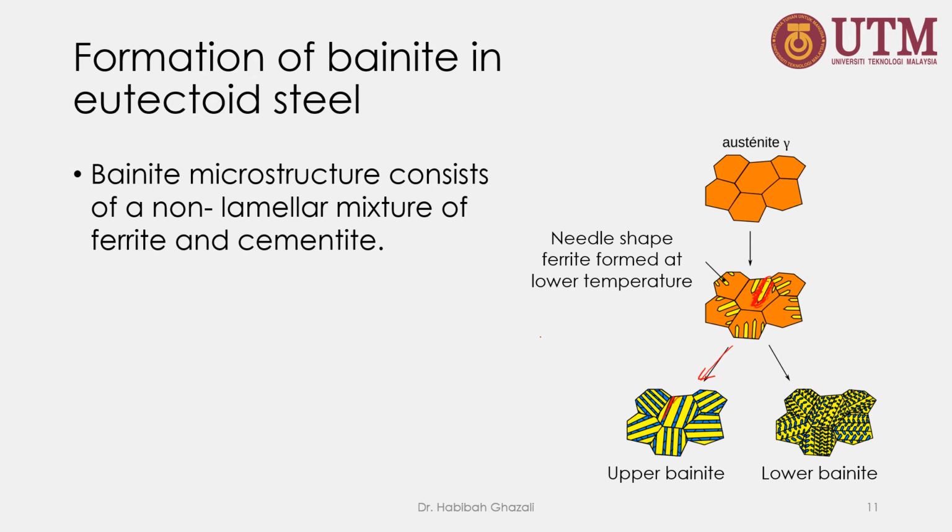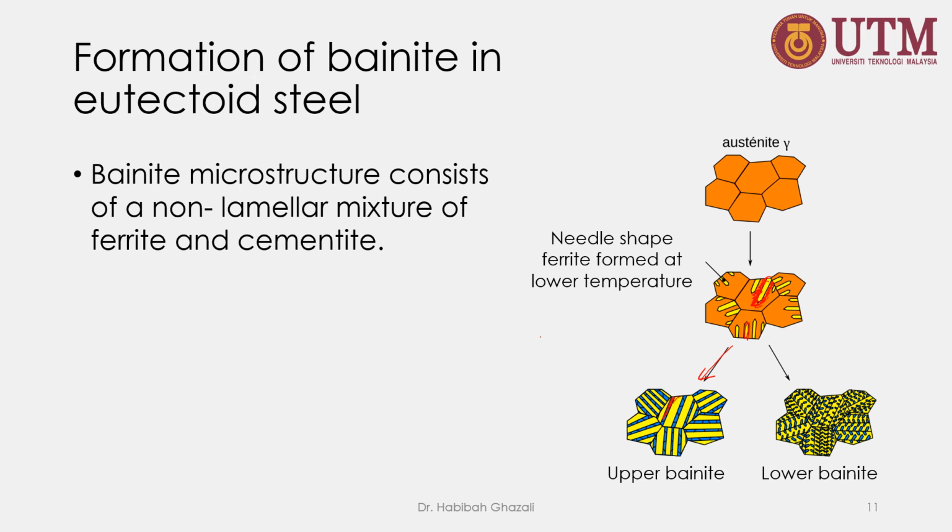Whereas for the lower bainite, this happens at a much lower temperature. It begins with the same transformation, where ferrite will transform first in the needle-shaped microstructure. However, because of the low temperature, the atoms cannot diffuse out of this crystal structure. What happens instead is it will form the intermetallic compound of cementite inside the grains of ferrite itself.